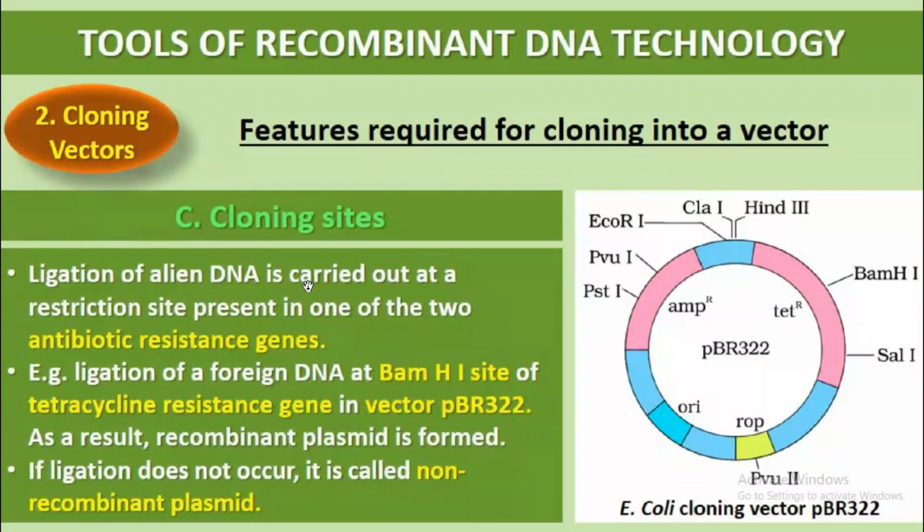Ligation of foreign DNA is carried out at a restriction site present in one of the two antibiotic resistant genes. Ligation of a foreign DNA at the BamHI site of the tetracycline resistant gene in pBR322 results in a recombinant plasmid. If ligation does not occur, it is called a non-recombinant plasmid.